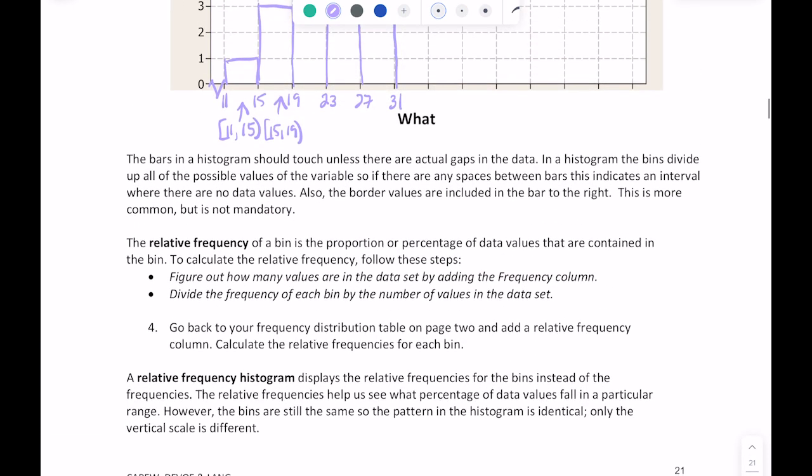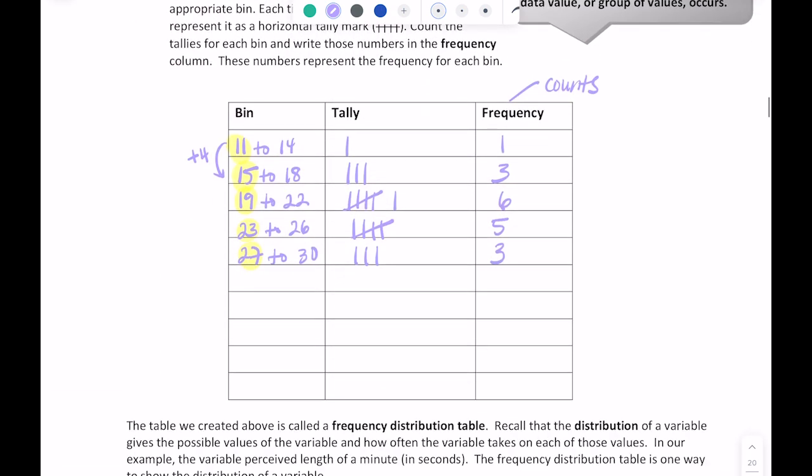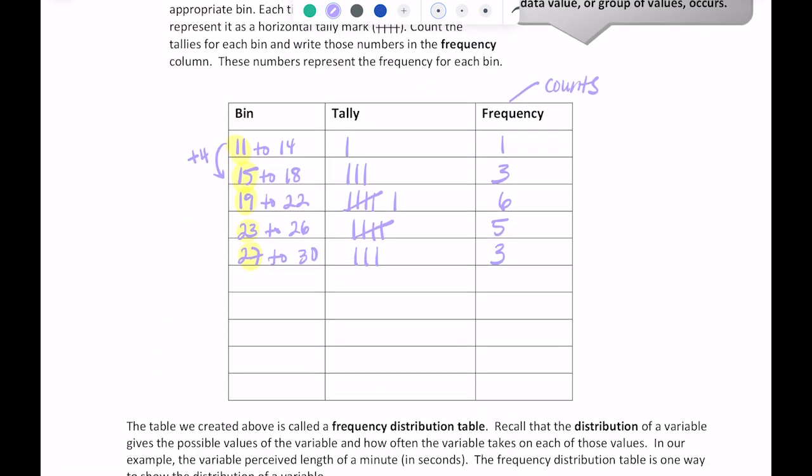We can also create what's called a relative frequency, and that's when the bins represent the proportion or percentage of the data values that are contained in the bin. So if I wanted to convert this frequency table to a relative frequency table, I would need to know the sum, which we said is 18, so your total is 18, and you would divide each of those frequencies by 18.